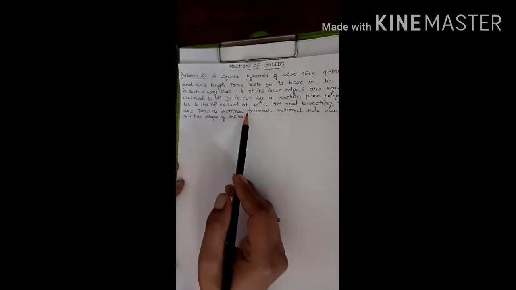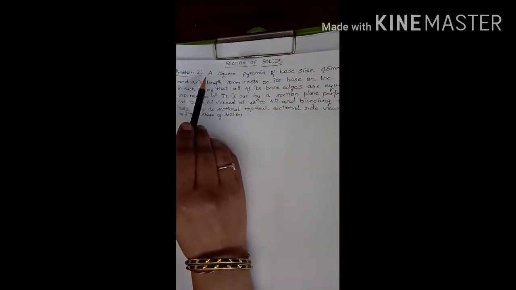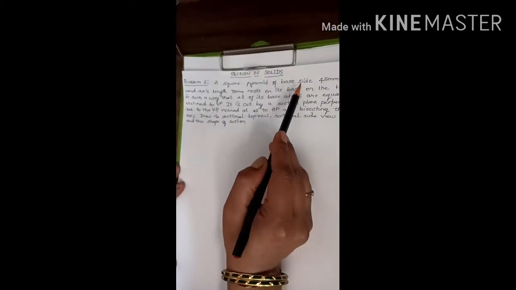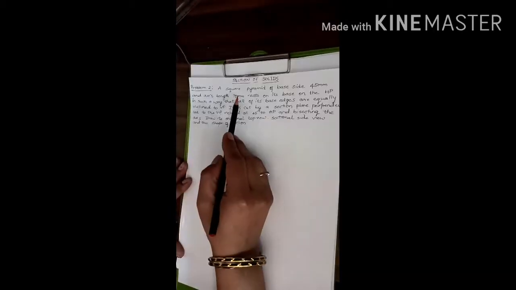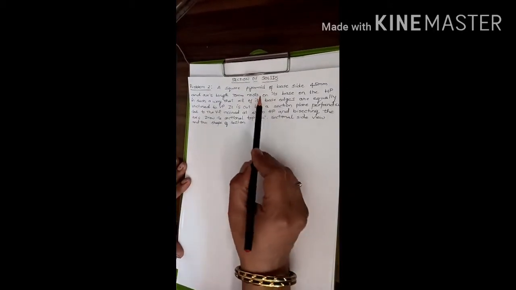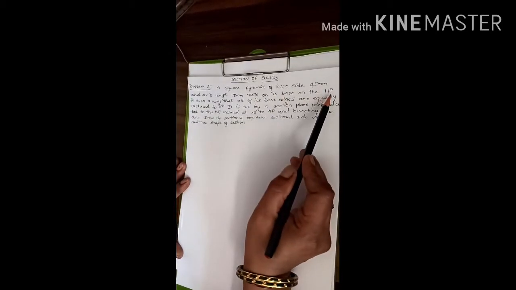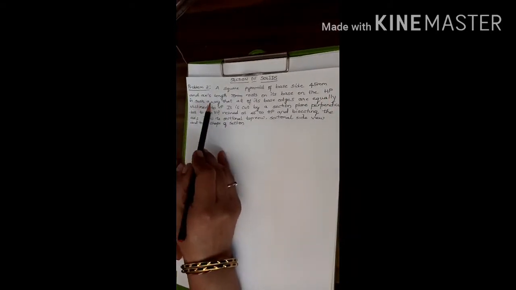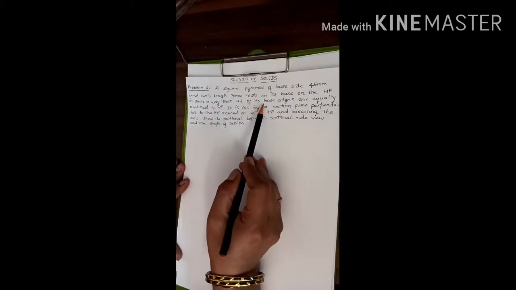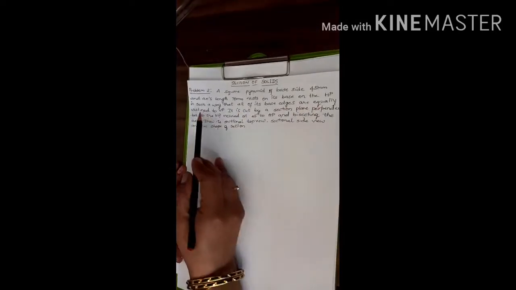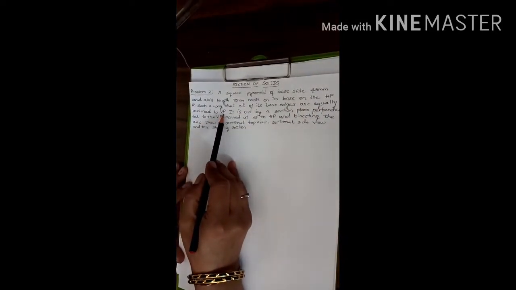The statement of the problem is like this. A square pyramid of base side 45 mm and axis length 70 mm rests on its base on the HP in such a way that all of its base edges are equally inclined to VP.